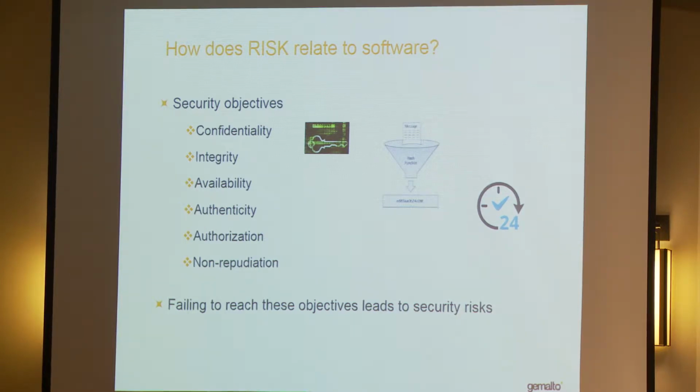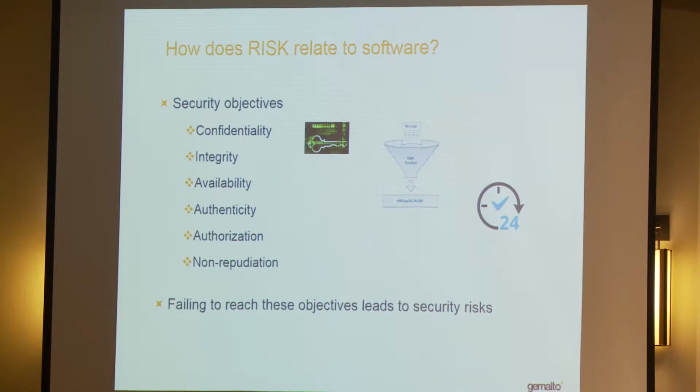That's the most basic: confidentiality, integrity, availability, and others, authenticity, and so on and so forth. So when you have a product, not only do you want functional requirements, you also want security requirements. Failing to fulfill these fundamental security objectives leaves your products vulnerable to security risks. That's how it relates to software.